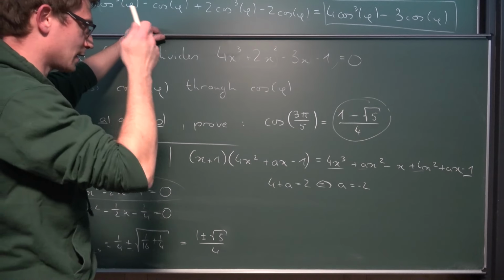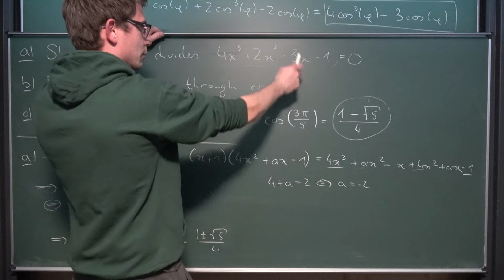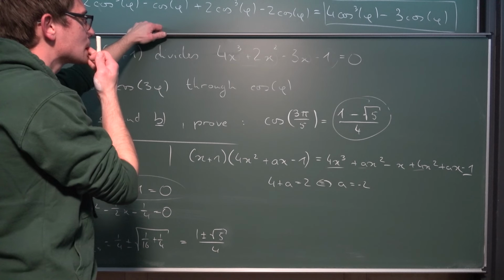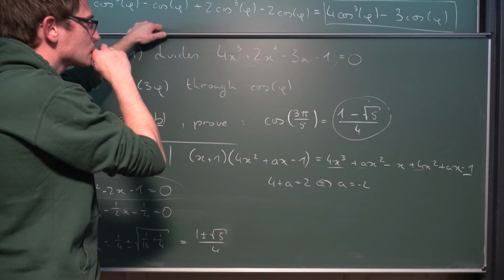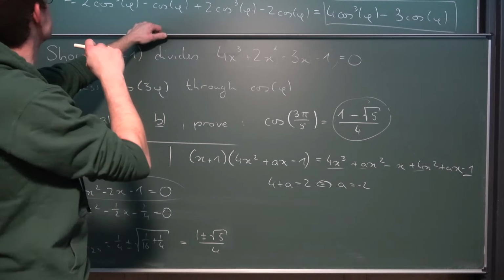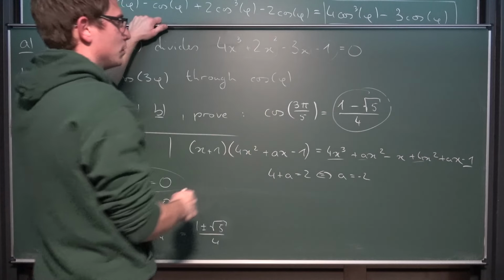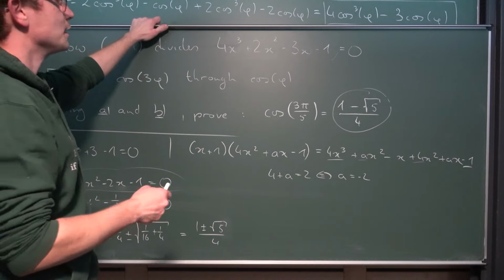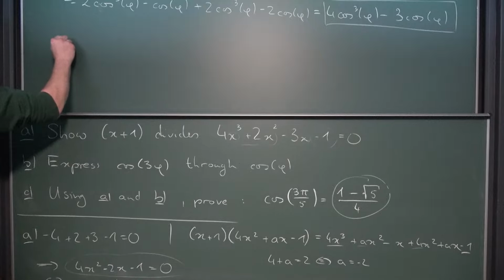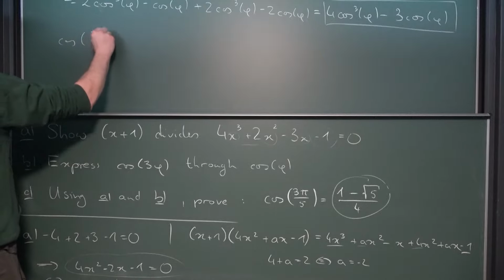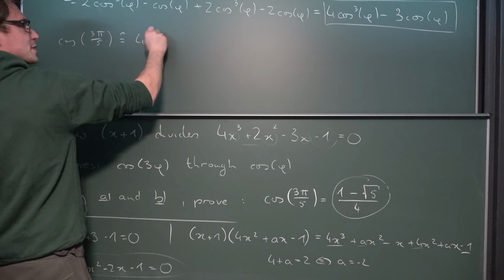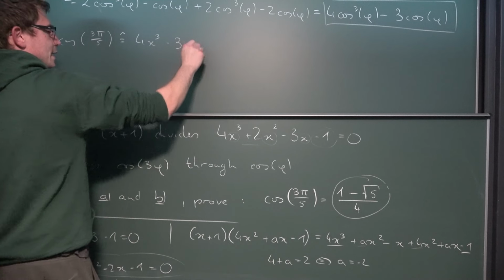That means if we were to plug cosine of 3 pi over 5 into here, we get 0 out. But we know that cosine of 3 pi over 5 is basically equal to 4x cubed minus 3x.